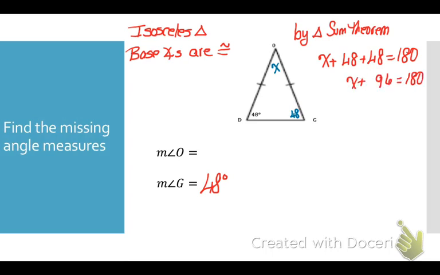If I solve that equation, I'm going to get that x equals 84. Now, you may have noticed that I am writing less and less work on solving my equations, because some of this I'm hoping you're doing in your head.